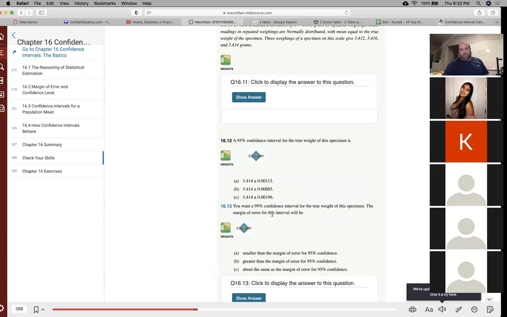Now, suppose you want to make a 99% confidence interval instead of a 95% confidence interval. You weren't happy with 95%, so you want to go up to 99%. If you want to go up to 99% confidence, then what would happen to the margin of error? Think about that one.